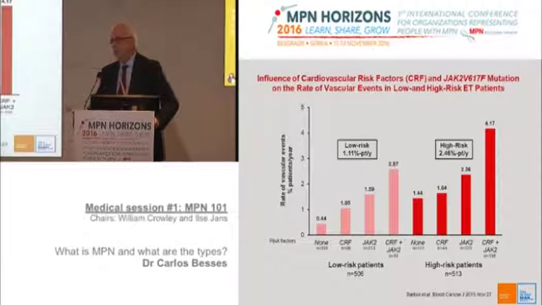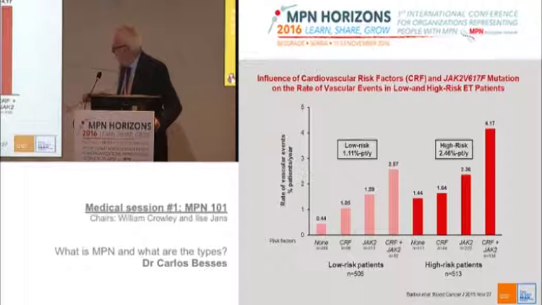However, this system is very useful, is very pragmatic. We use this system in clinical practice, but probably the system should be refined. And the proof is in ET, in this cohort of 1,000 patients.